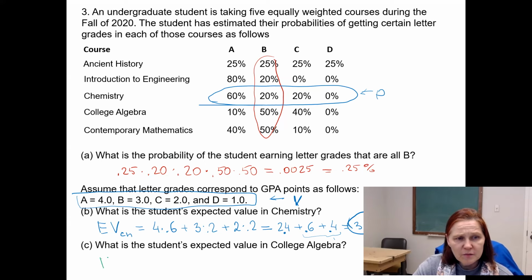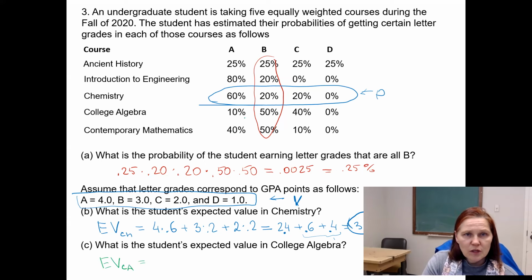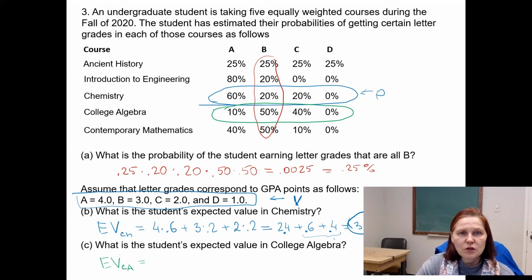Let us find the expected value in college algebra. So now we will consider this line with percentages of college algebra grades. We have outcomes A, B, C, or D. So the value of outcome A is 4, multiplied by the probability of this value in college algebra, which is 10%, so 0.1 in decimal form.